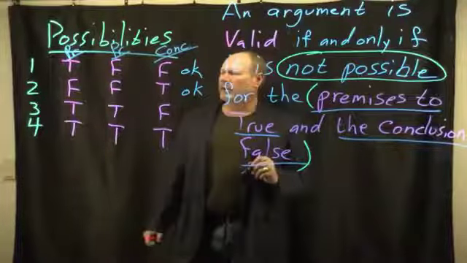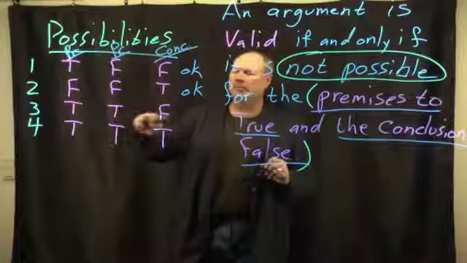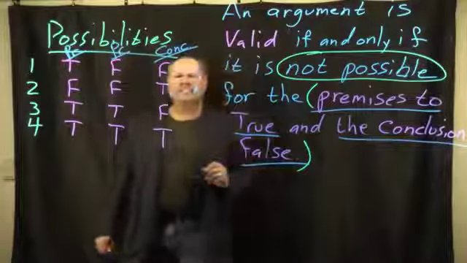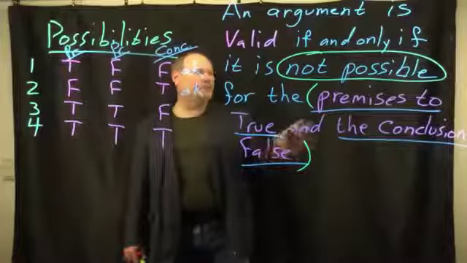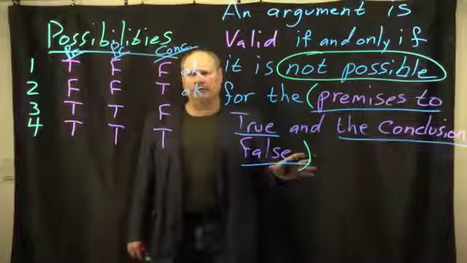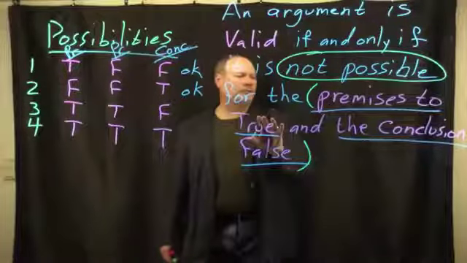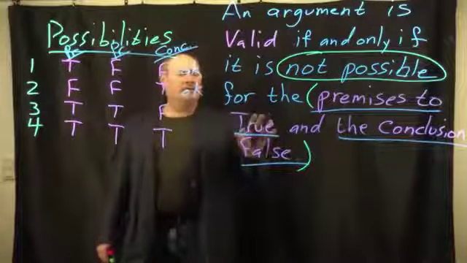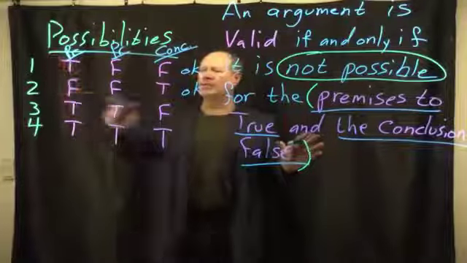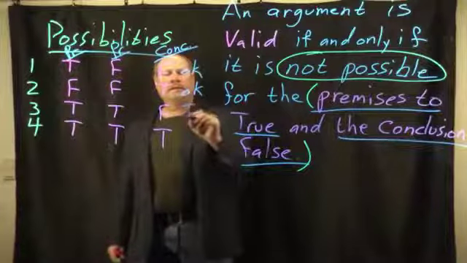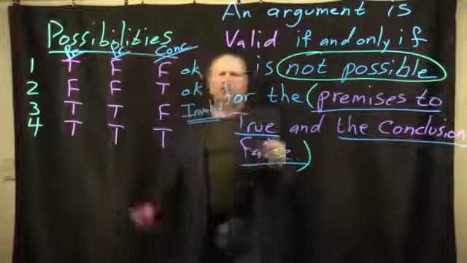So, what do we determine from a possibility in which we have true premises and a false conclusion? Read back to our definition of validity. An argument is valid if and only if it is not possible for the premises to be true and the conclusion false. In this case, there obviously is a possibility in which the premises are true and the conclusion false. Therefore, we draw the conclusion according to our definition, according to our list of possibilities, that this argument is invalid.